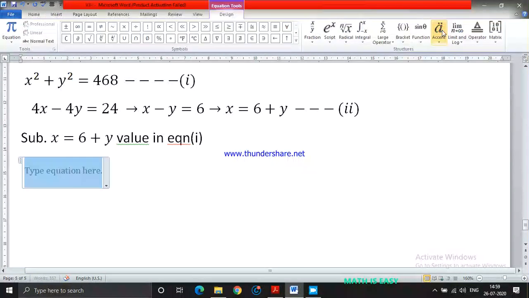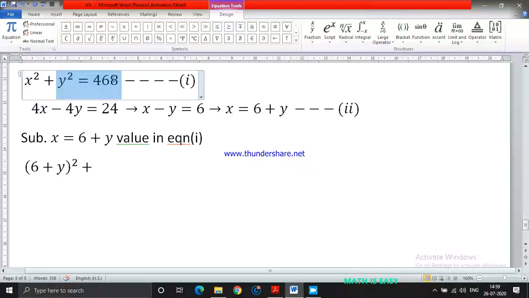In place of x square, it will be 6 plus y whole square, plus y square equals 468.